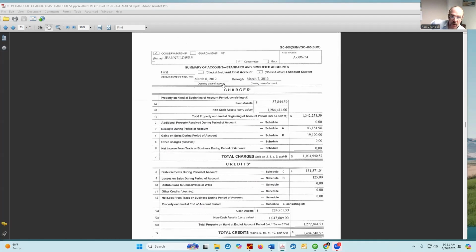Okay. So we have summary of account, standard and simplified. I'll just define the simplified account, and I never use them. If you had a guardianship, for example, and they had 10 transactions for the year, the simplified accounting format is very much like a check register.